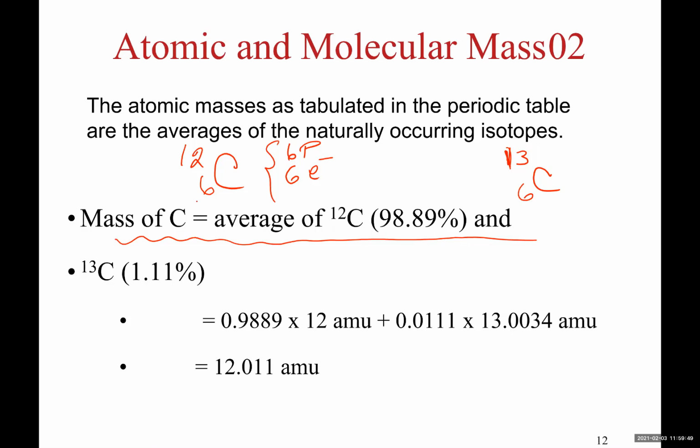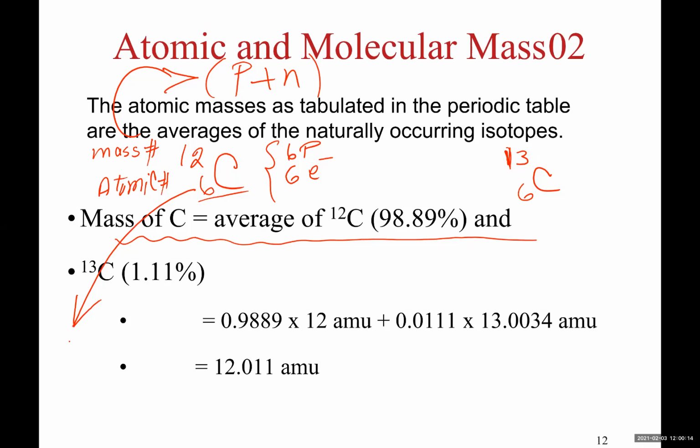How many neutrons? The difference between mass number and atomic number shows the number of neutrons. Why? Because mass number, you may remember, is the number of protons and neutrons. Atomic number is only the number of protons.